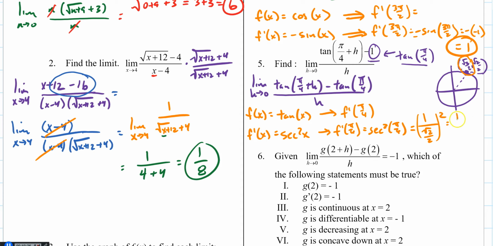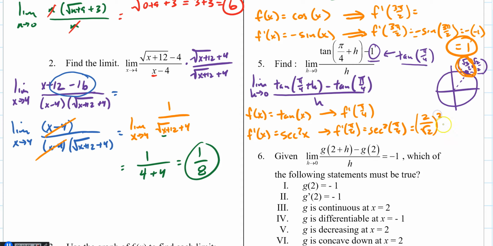So we end up with 1 over 2 over 4, which is, if we flip that around, actually I'm going to go back one step. We could do it this way, but I just realized I probably confused some of you. So let's fix that. Secant is the reciprocal of cosine. So it's going to be the reciprocal of rad 2 over 2, so that's 2 over rad 2.